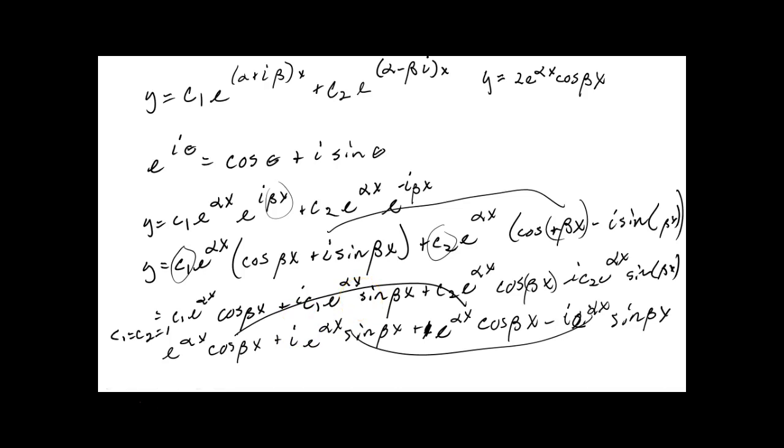Now in the second case, they say let C1 be 1 and C2 be minus 1. Well, in that case, you get y is equal to, now here, this one is 1 and that's a minus 1, so these two go out and these two become 2. So you have y is equal to 2i e^(αx) sin βx.